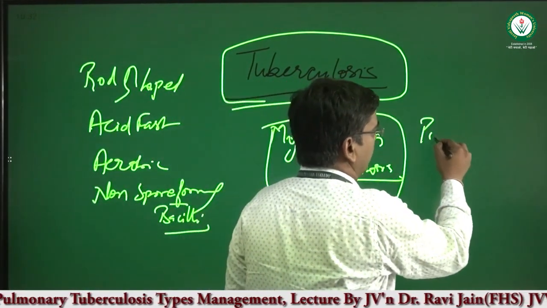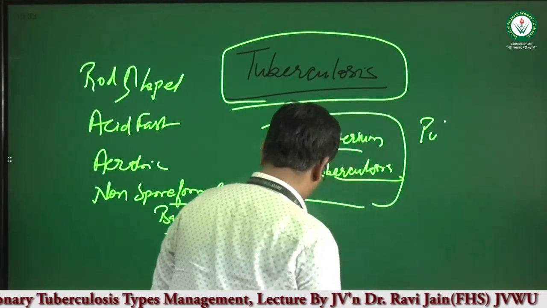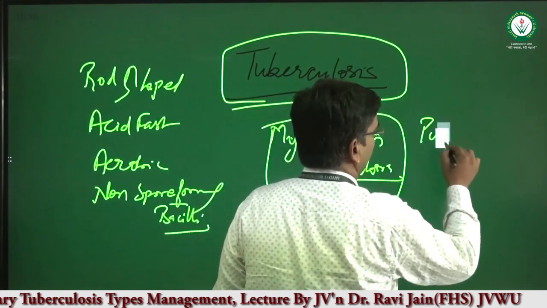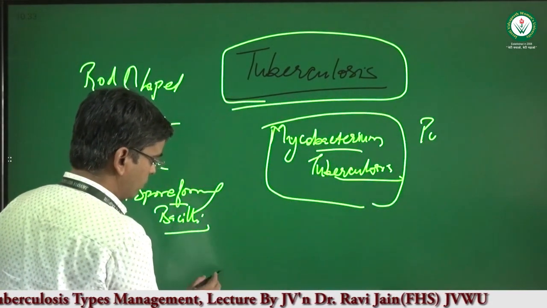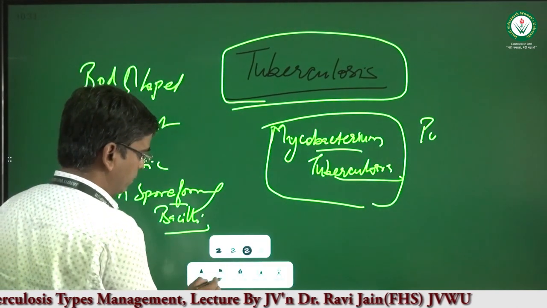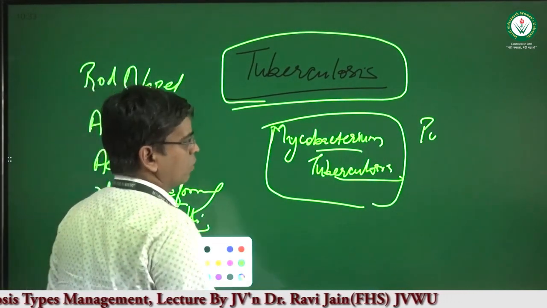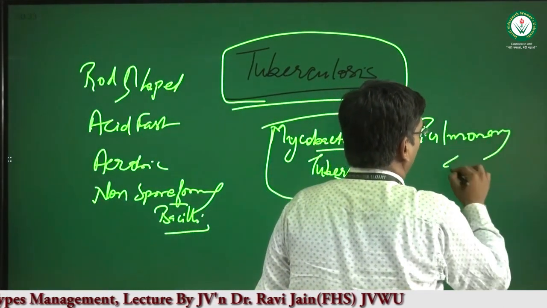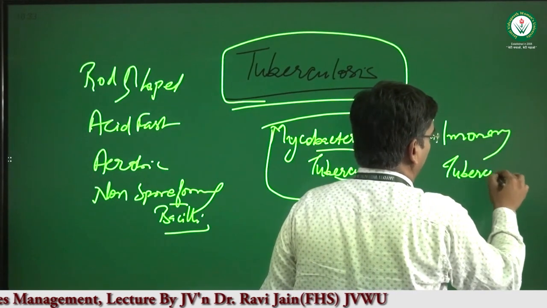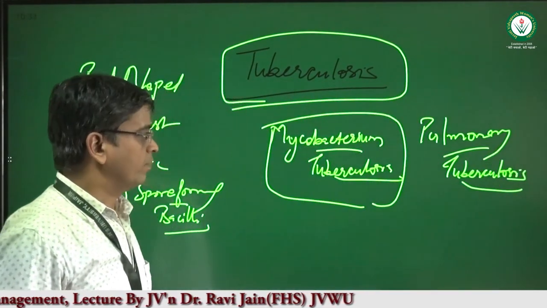Therefore, the most common type of tuberculosis we observe is pulmonary tuberculosis, when it is affecting the lungs.